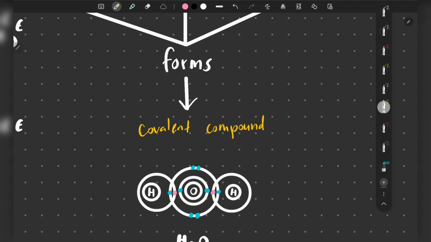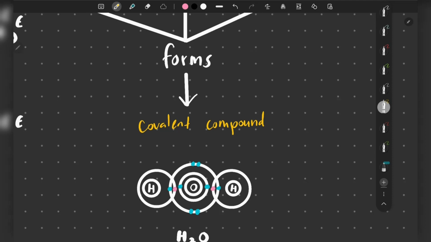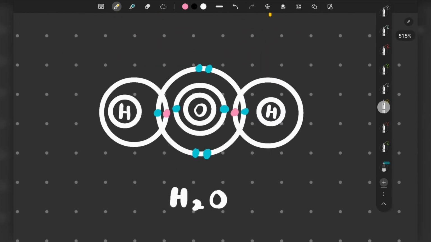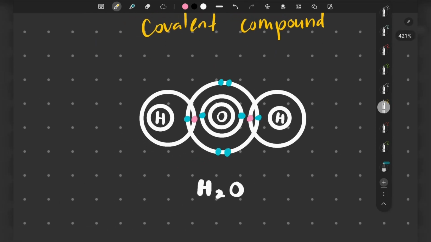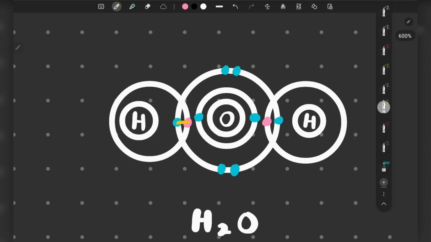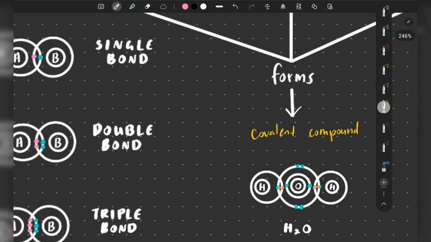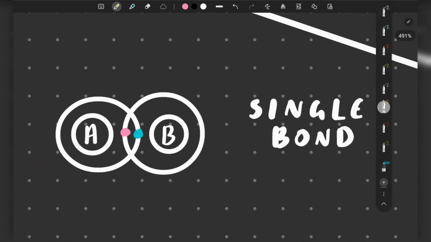When both atoms share their electrons, it will form a covalent compound, such as this diagram. This is a covalent compound of water, H2O. As you can see here, there is a single pair of electrons shared between the hydrogen atom and the oxygen atom. This is what I meant about the single bond.